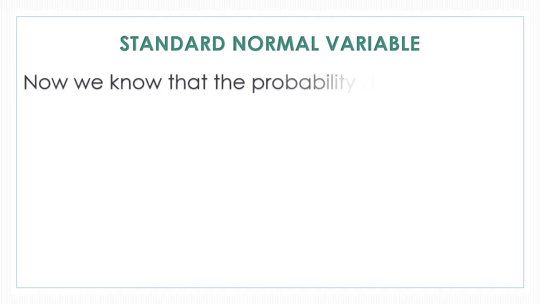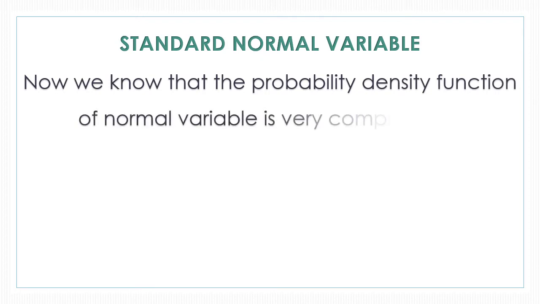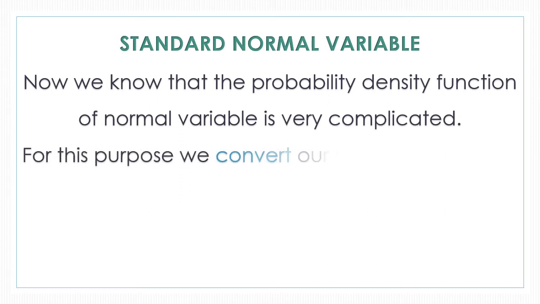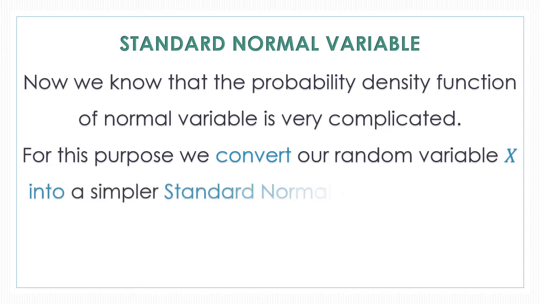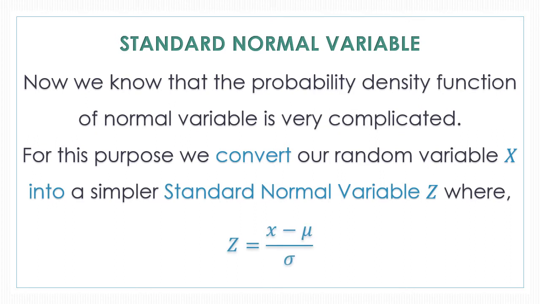We know, as I just told you, that the probability density function of a normal variable is very complicated. So, to simplify things, we convert our normal random variable x into a simpler standard normal variable z, where z is x minus mu upon sigma.